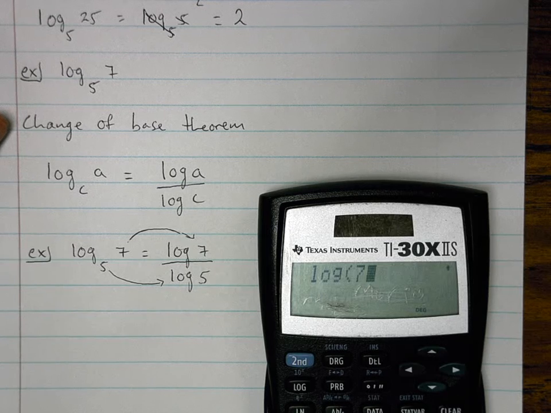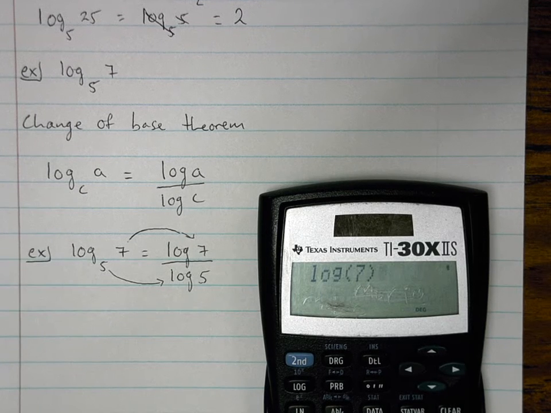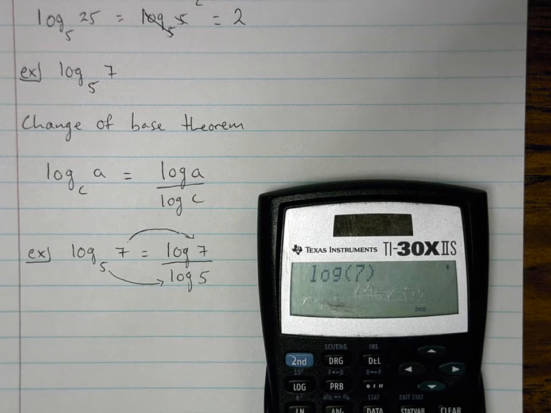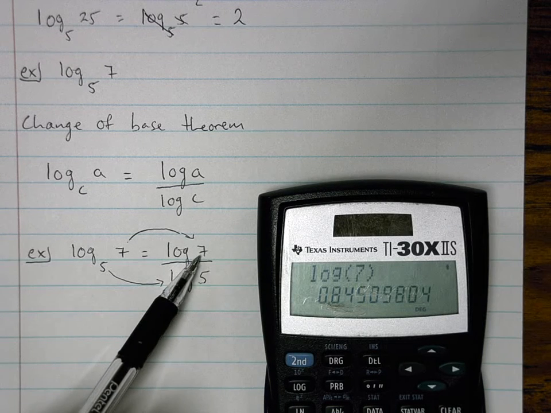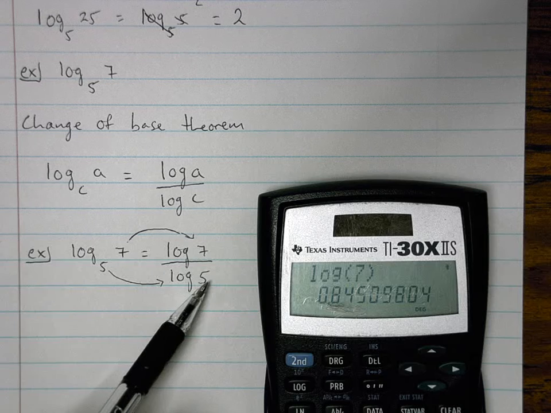And it's always a good idea to close your parentheses. Some calculators it doesn't really matter, but it's always a good habit. And log of 7 is 0.845. Okay, we're not going to write this down because what we're doing is taking log of 7 and dividing it by log 5.